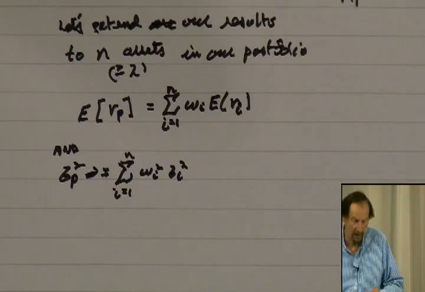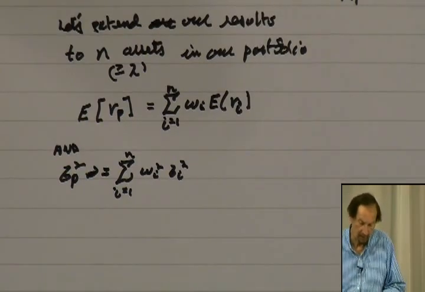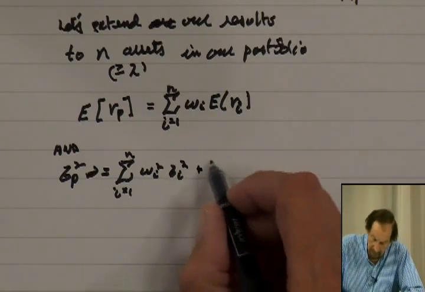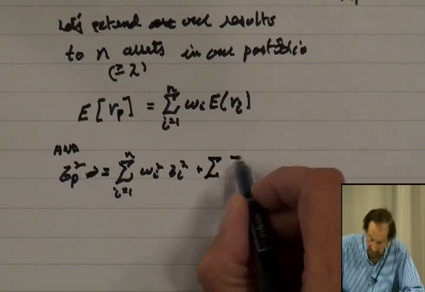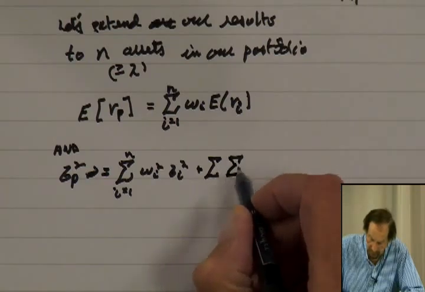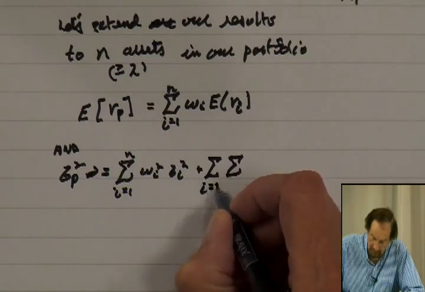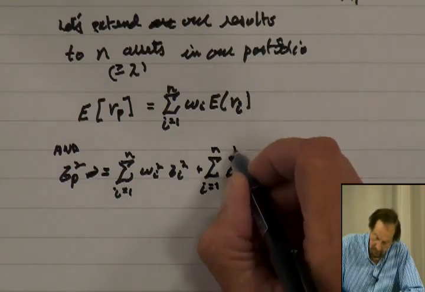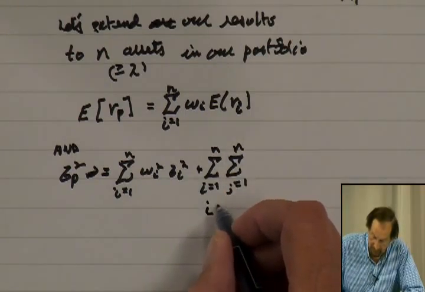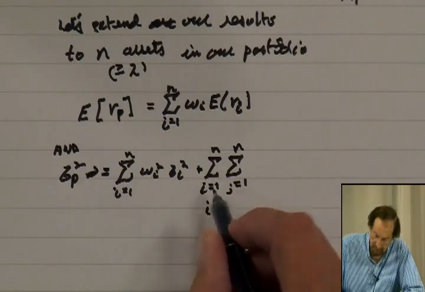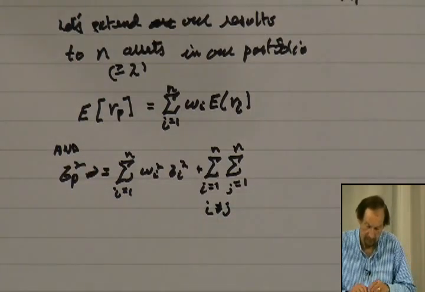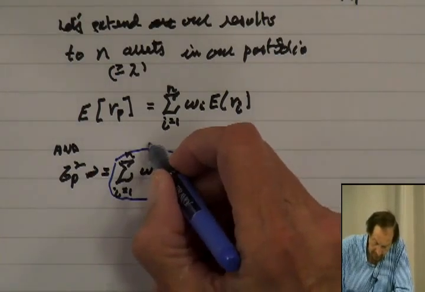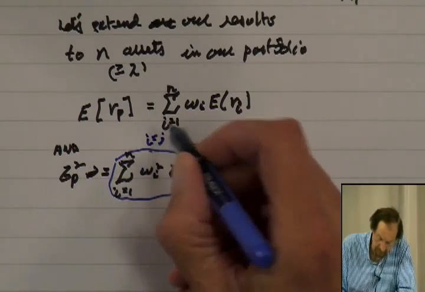So these are the terms when i equals j. When i equals j, sigma ij goes to the variance here, plus the double summation, i equals 1 to n, j equals 1 to n, and it also must be true that i is not equal to j.